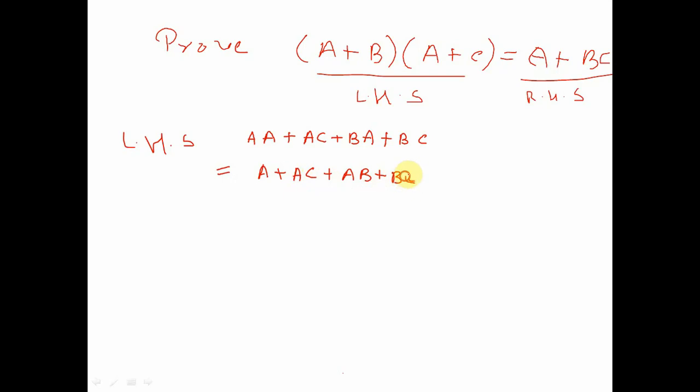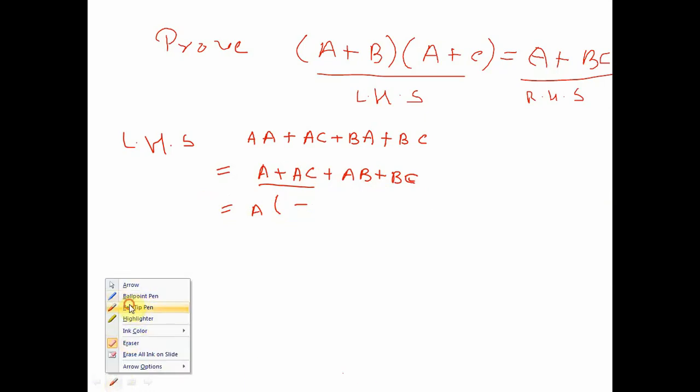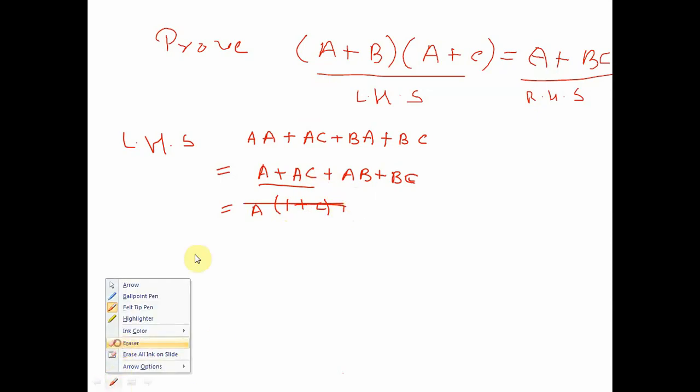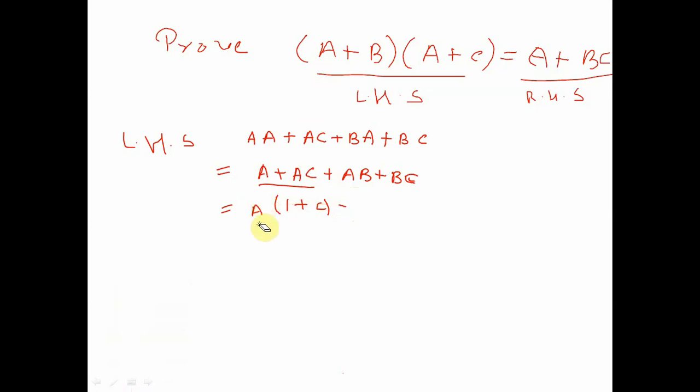Now here, which term is common? A term is common here. So in the bracket we have 1 plus C, and after the bracket, A into B plus BC.